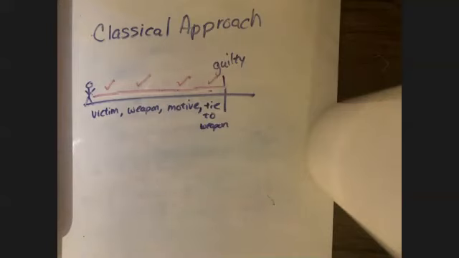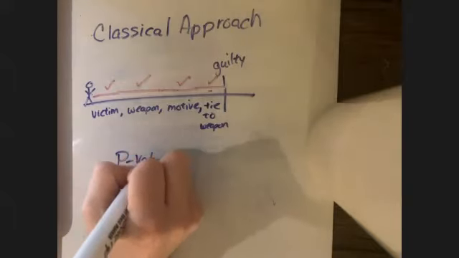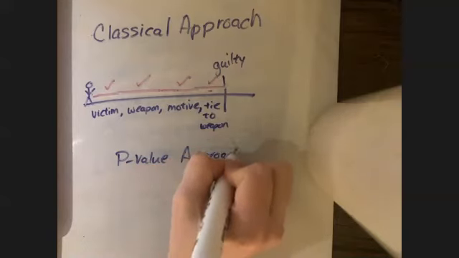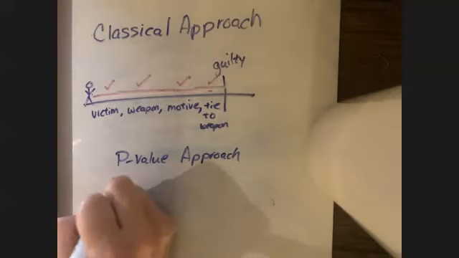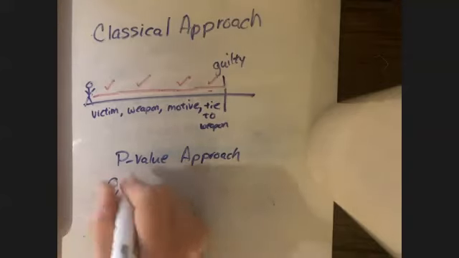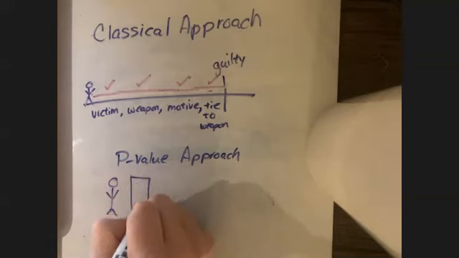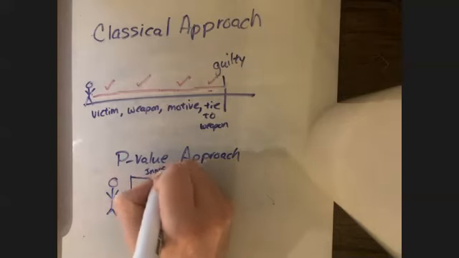Now, the other approach is what's called the p-value approach. With the p-value approach, here's a person. Now, this person was already convicted. And somehow we had an innocence meter, basically.